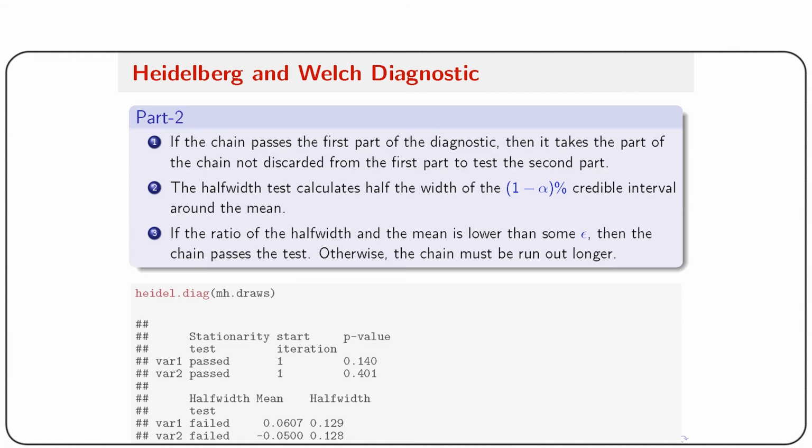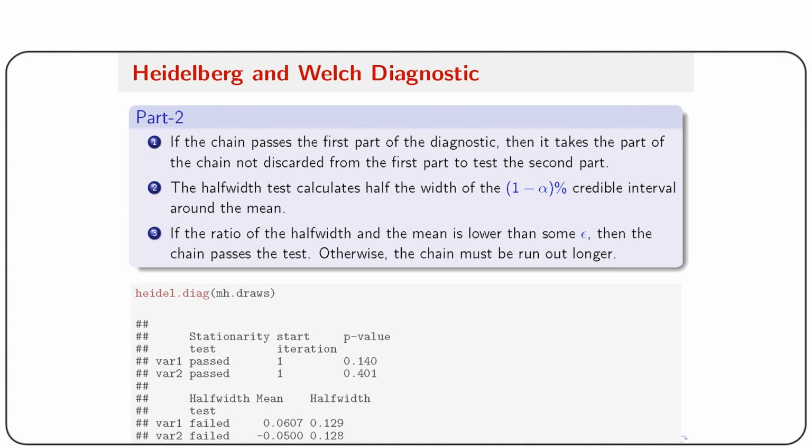The second part of the HW diagnostic applies if the chain passes the first part: it takes the part of the chain not discarded in the first part to test the second part. The half width test calculates the half width of the 1 minus alpha credible interval around the mean. If the ratio of the half width to the mean is lower than some epsilon, then the chain passes the test. Otherwise, the chain must be run longer.